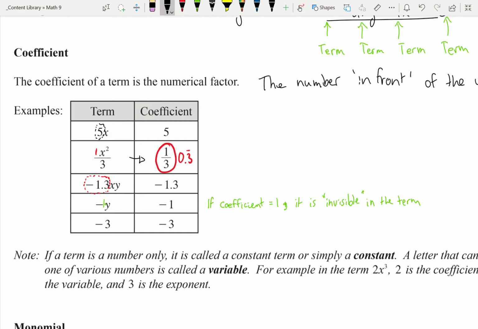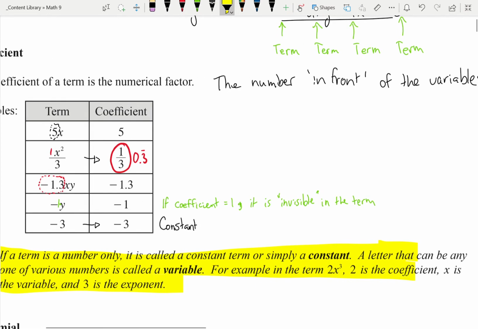And then lastly, if our term is just a number, then my coefficient is also the number, but this is something special. I refer to this as a constant. And this is what our blob of text below is saying. A constant is just a number that does not change.